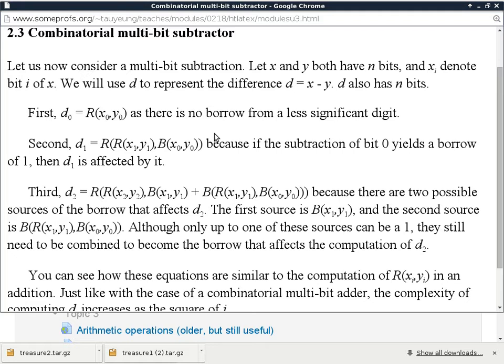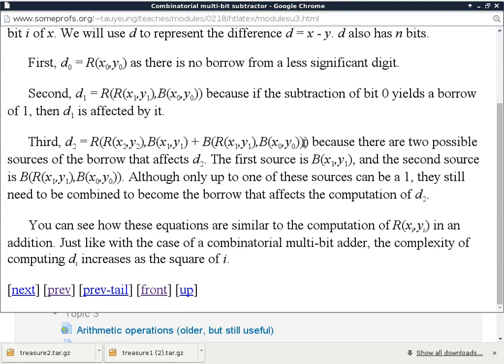So what this means is a lot of times we will resolve the equations so that they become much more complicated than what we have to deal with in a half subtractor, but then the processor will be able to do subtraction faster than using just a stack of full subtractors.